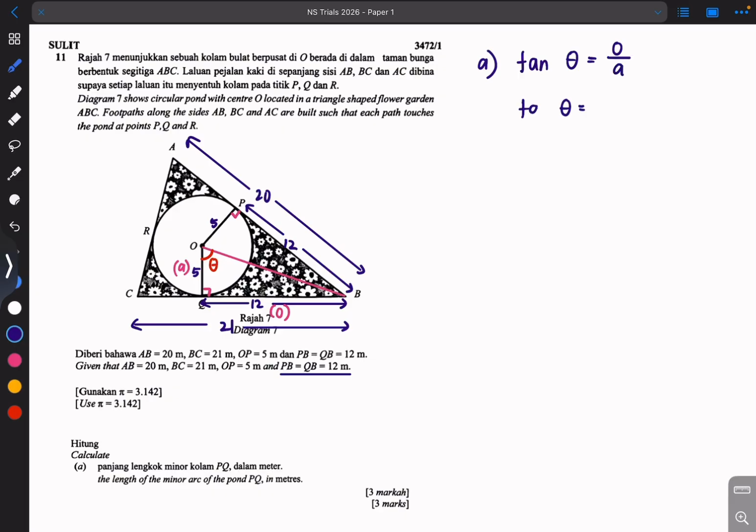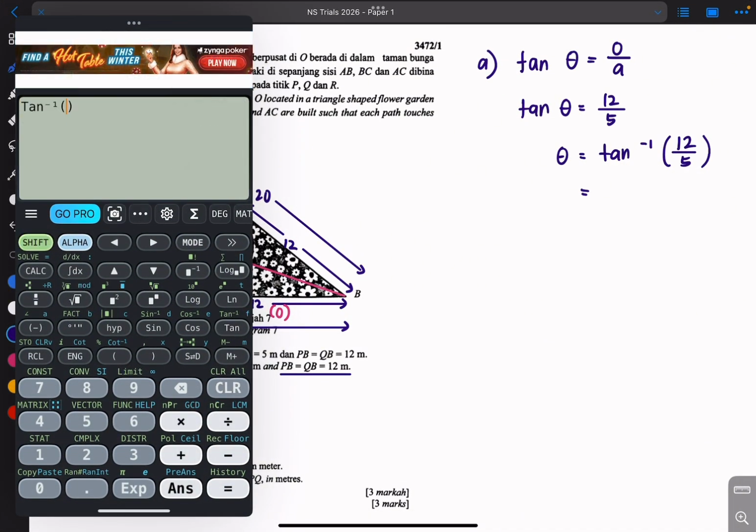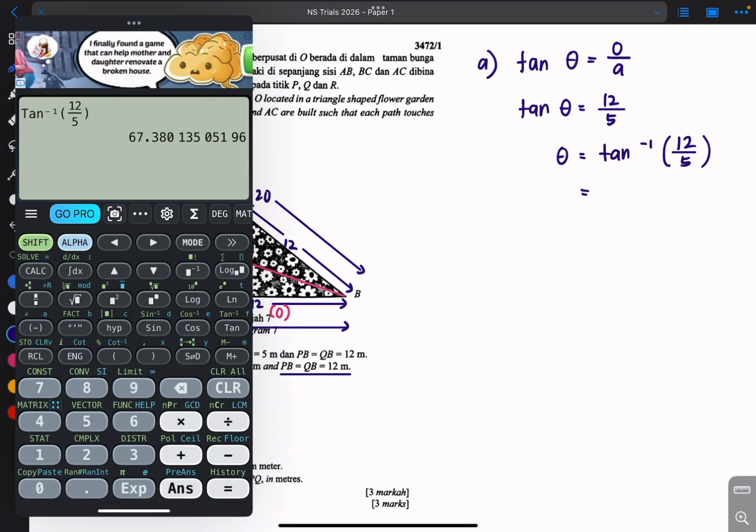So tangent theta would be 12 over 5. That means theta will be shift tangent 12 over 5, which is 67.38.